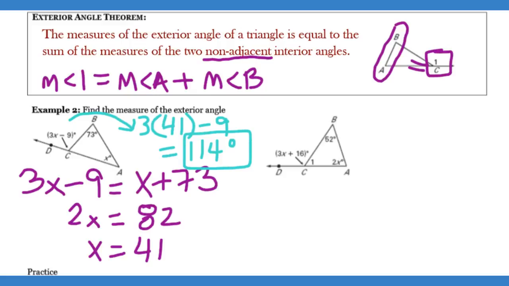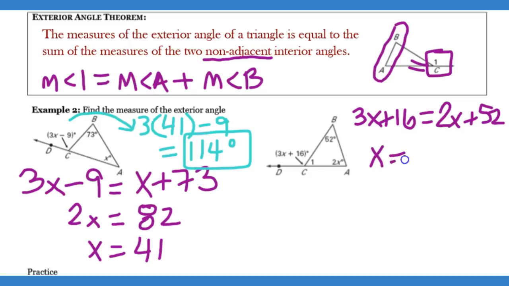All right, next problem. My angle measure is 3x, my exterior angle is 3x plus 16. And I know that that has to be equal to angle A plus angle B. So now that I've got my algebra set up, I can see that x is going to be equal to 36.